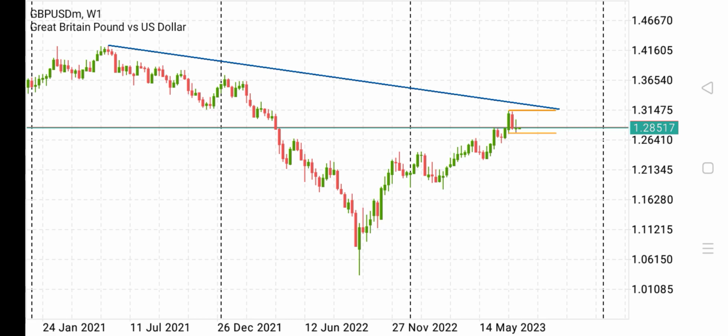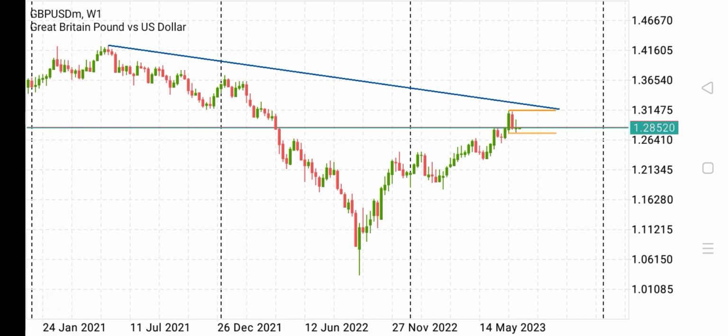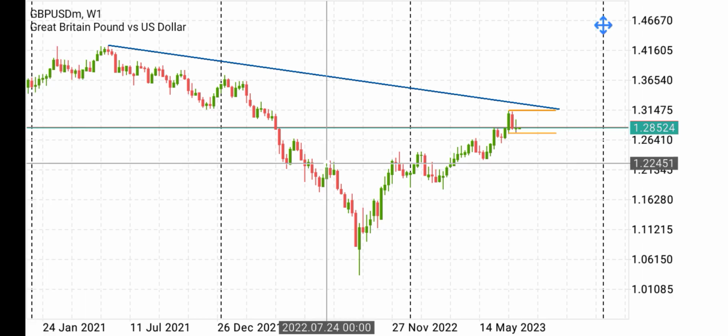Now if you drop down to the weekly time frame of the GBPUSD, you find out that we have a trend line. For this video I'll be using my crossbar on my MT5 to do most of my explanation.